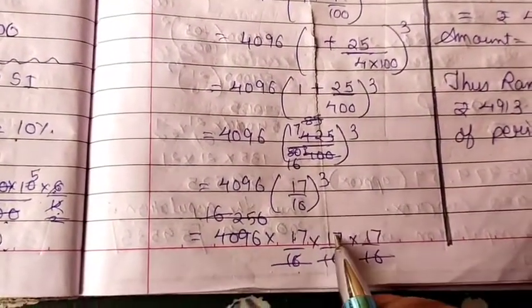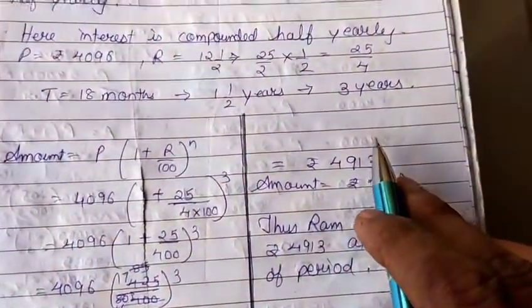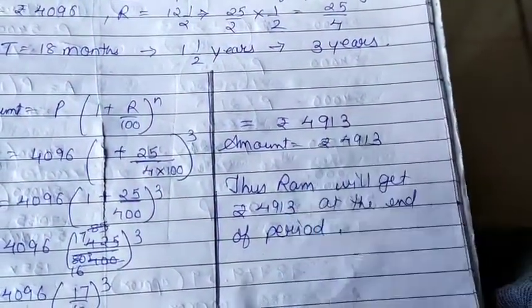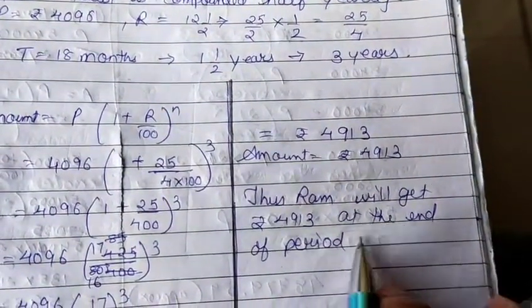So 17 by 16 times 17 by 16 times 17 by 16, when you do the cancellation, you will get 4913 as the amount. Thus Ram will get 4913 at the end of the period.